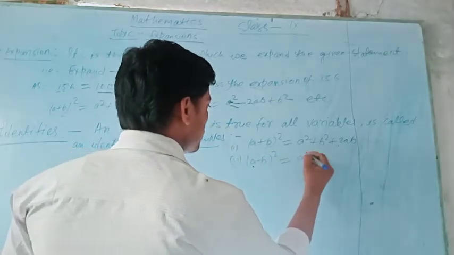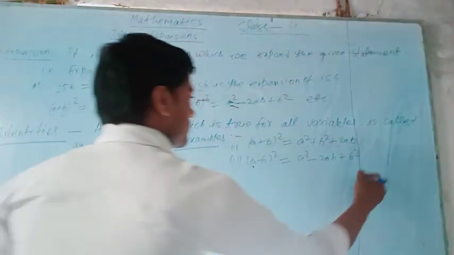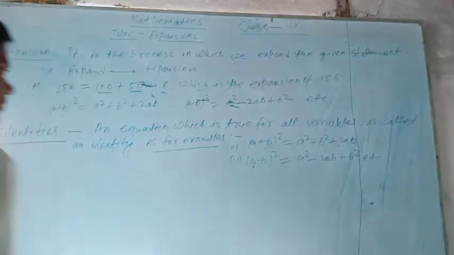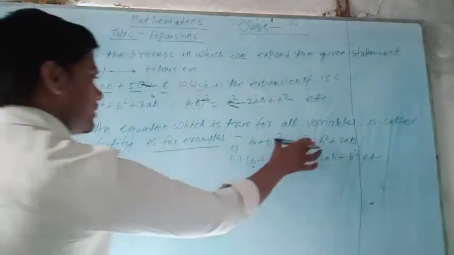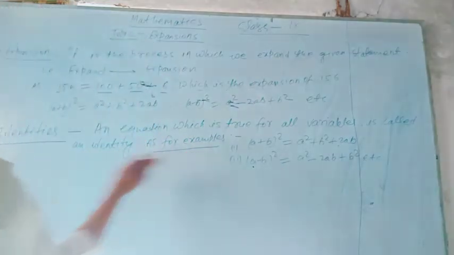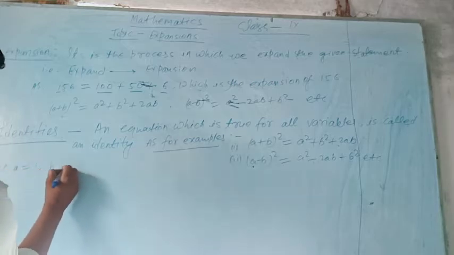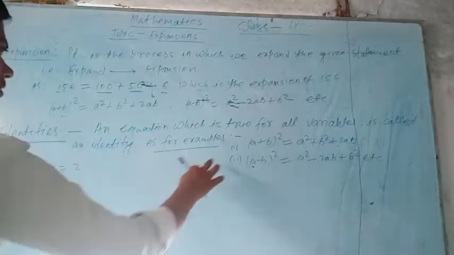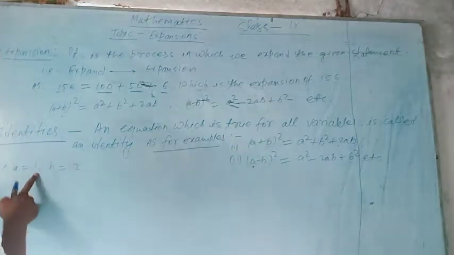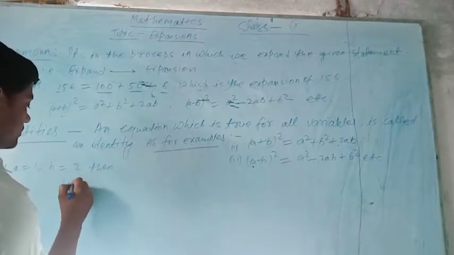First of all, we want to know how it is an identity. Let a is equal to 1 and b is equal to 2. You can take any value of a and b. Then LHS is equal to (a plus b) whole square, which is (1 plus 2) whole square, equal to 3 square, equal to 9.